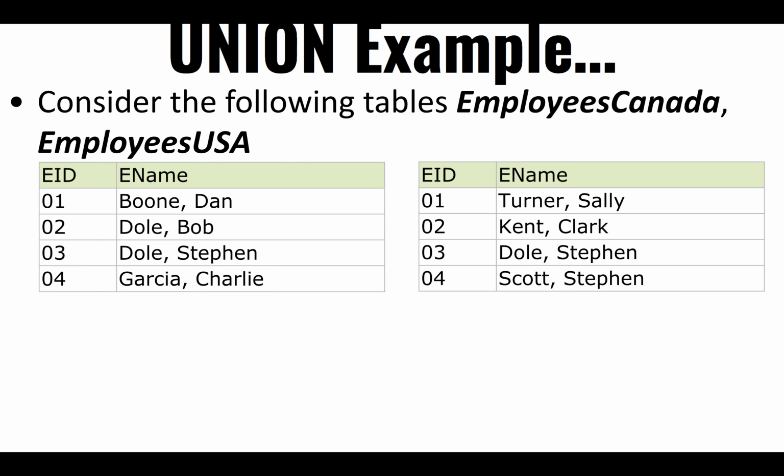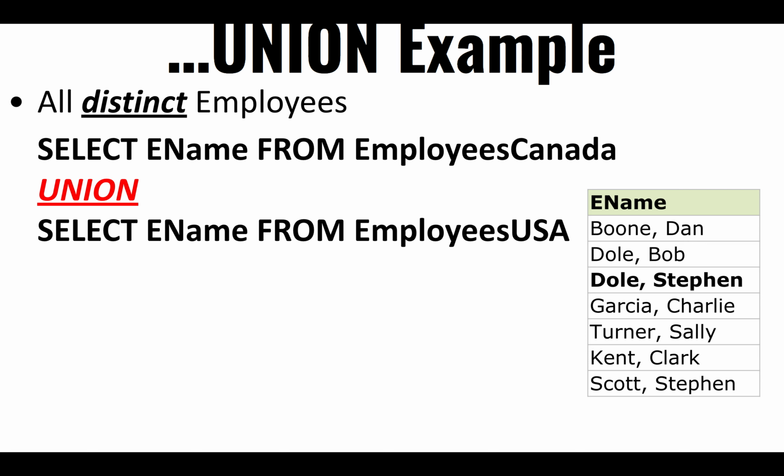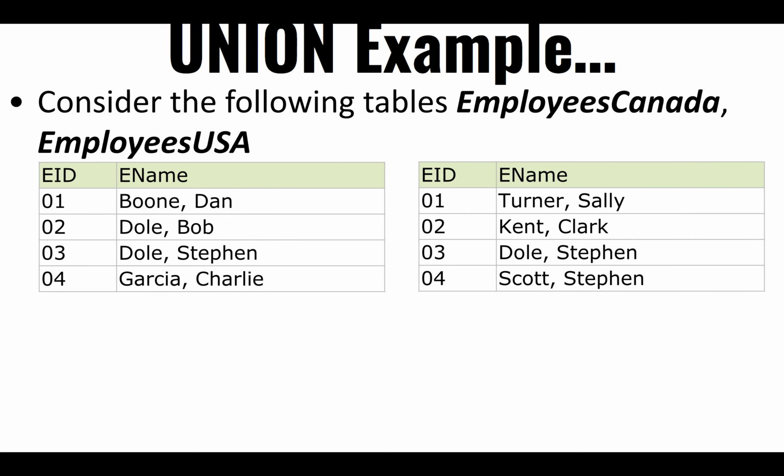So for instance, here we have employees in the USA, and we might have employees somewhere else, in Canada or Europe. And here we're taking both employees from Canada and employees from USA. And notice that there are some overlaps. It looks like Dole Stephen works in both offices, in Canada and in USA.